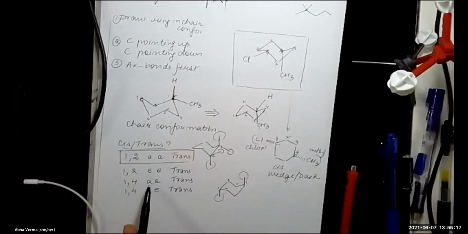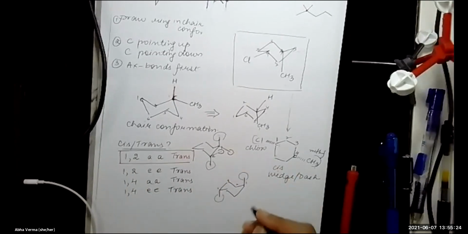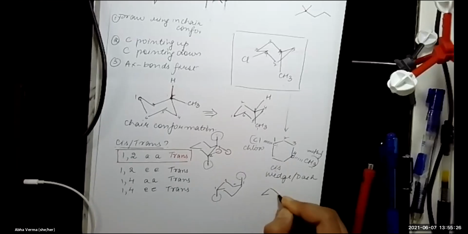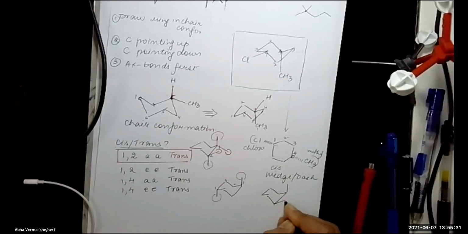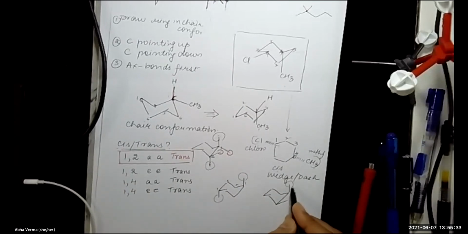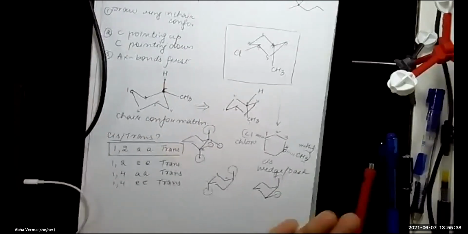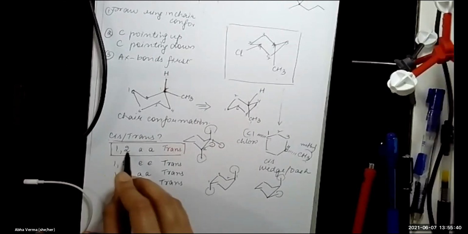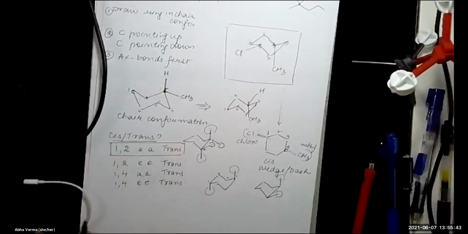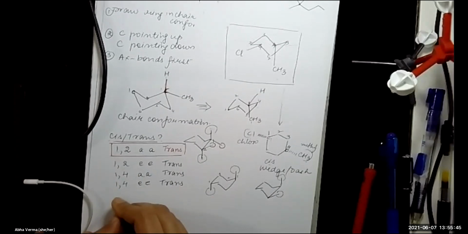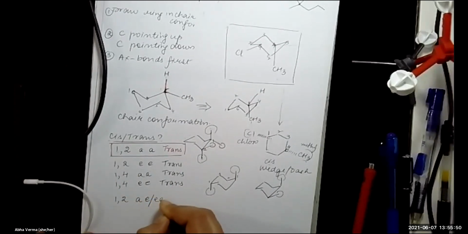What about my 1, 2 axial equatorial combination? When you have an axial equatorial combination, and let's say 1, 2 axial equatorial, what is happening? Both my groups are going upwards. They are facing upwards. So it will be the exact opposite of 1, 2 axial, axial.